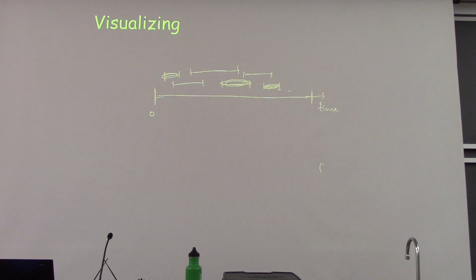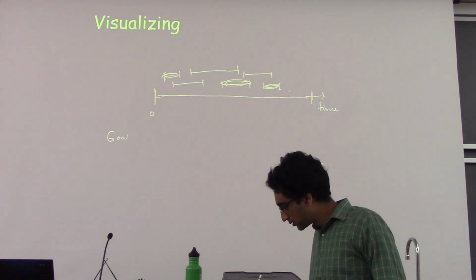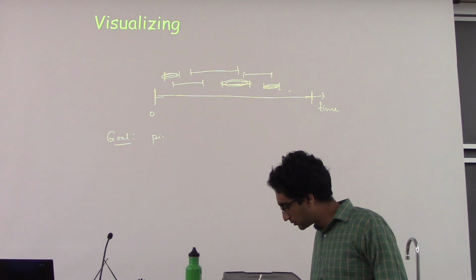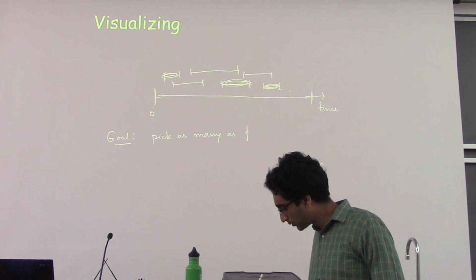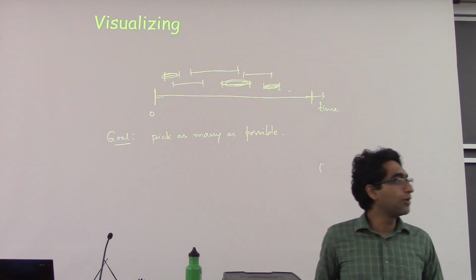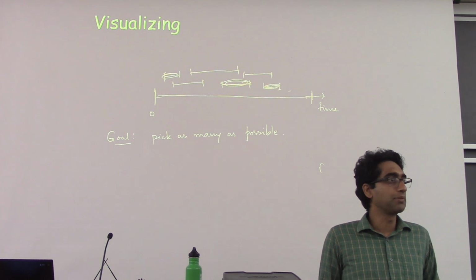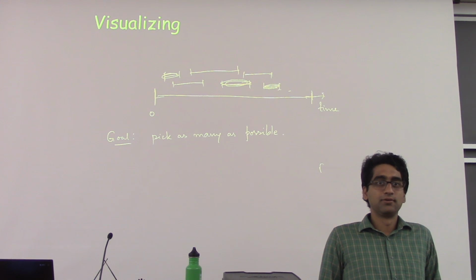Now that we all have some practice in dynamic programming, let me write down the objective. The goal is to pick as many as possible. So how would you try to go about this problem if you wanted to do some kind of dynamic programming approach?